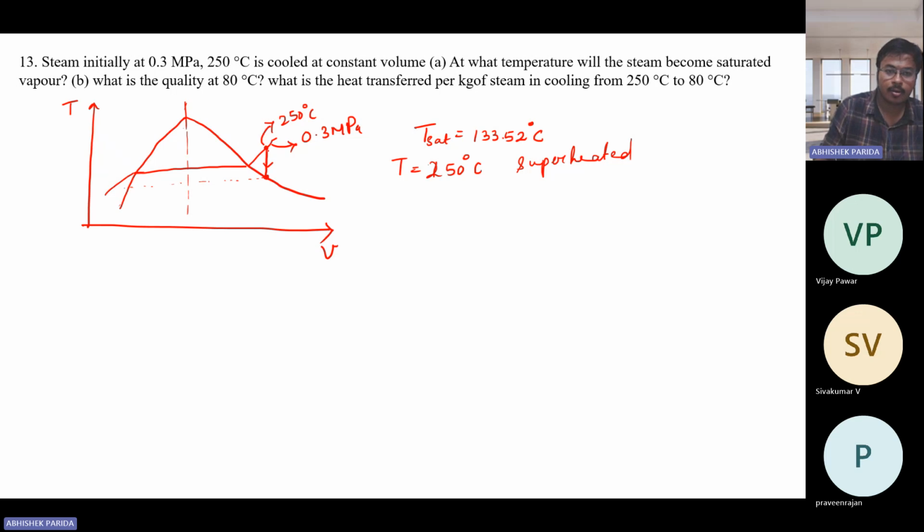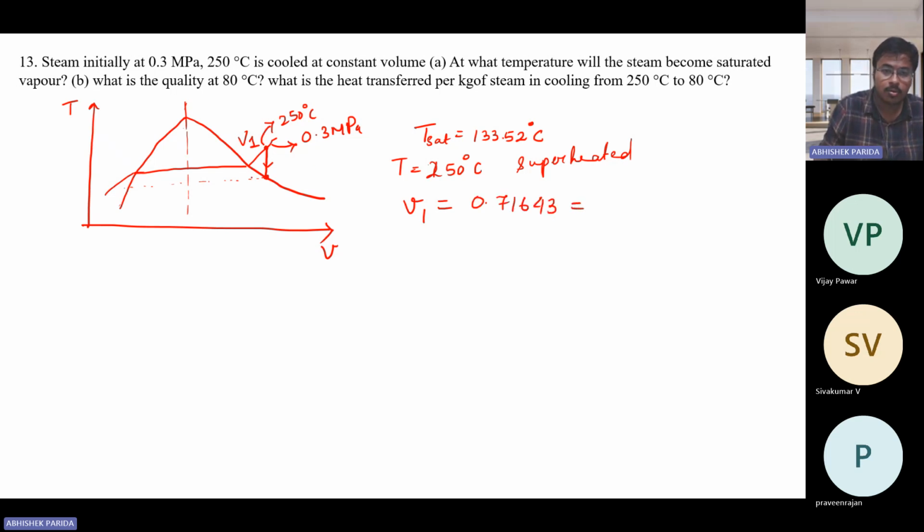How to go for it? You calculate V1. How to calculate V1, as this is superheated? Just go to the superheated table. 0.3 megapascal, 250 degrees Celsius, volume is 0.71643.